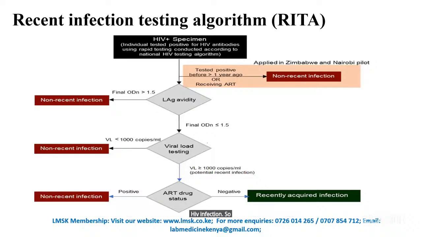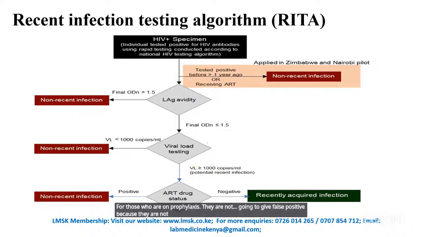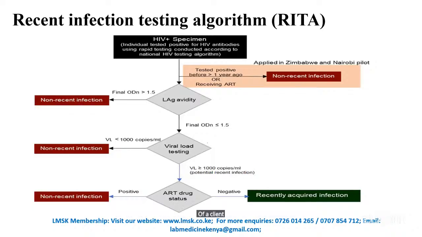So something to note on the RITA. For those who are on prophylaxis, they are not going to give false positive because they are not positive. So our first step of a client to be done a recent infection testing algorithm, the client must be positive.